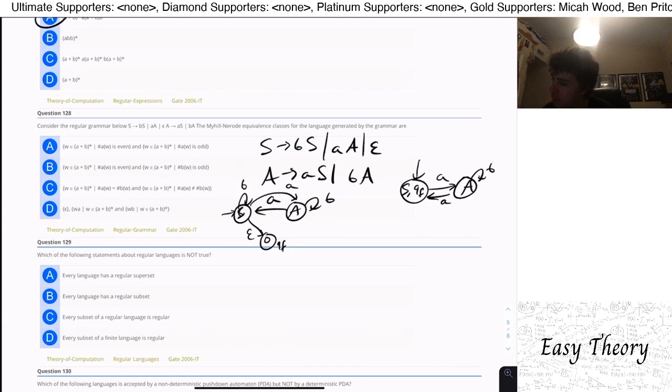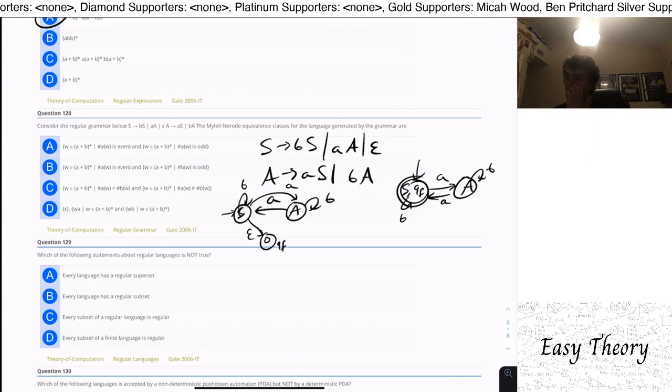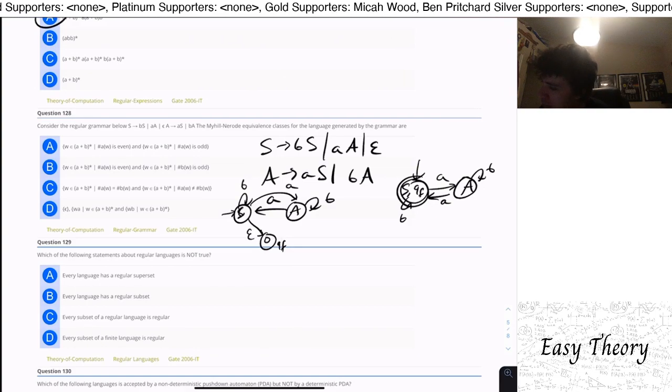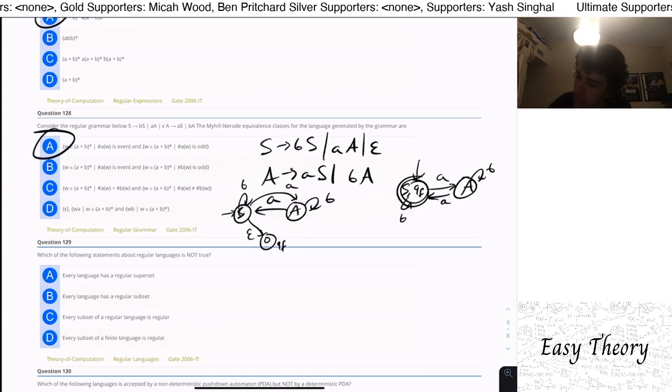On input B, we stay here. And that's the final state. So there are two equivalence classes about even numbers of A's. Yeah, it only has to do with the A's, so even and odd, I think. And that's only about the A. So I think A is the right answer here.